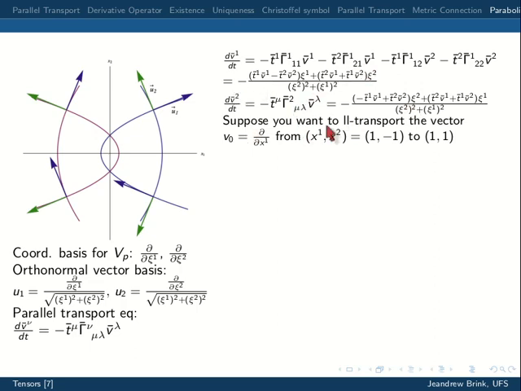Suppose you want to parallel transport the vector v0 that basically points in the d/dx^1 direction, and you want to take it from the point x1, x2, so your Cartesian coordinates that correspond to 1, -1 to 1, 1, and you want to transport it along a parabola. So the parabola is basically x^2 equals some constant.